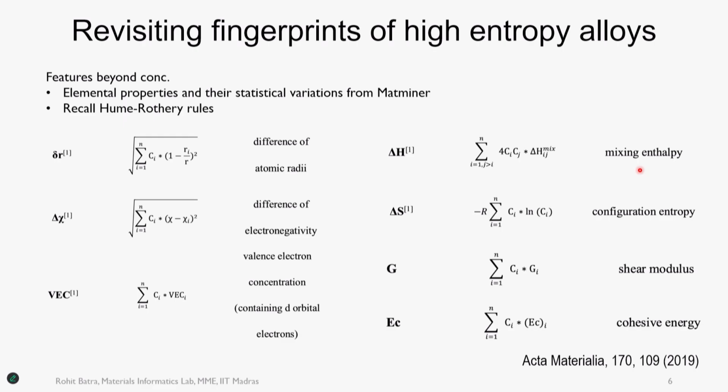So we talked about DFT, but we have CALPHAD also, a thermodynamic model available to us. So you can talk about mixing enthalpy, configurational entropy, shear modulus, bulk modulus. These are the other things you can use. So these guys use these as the features.